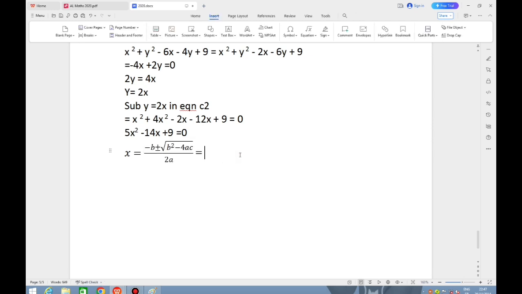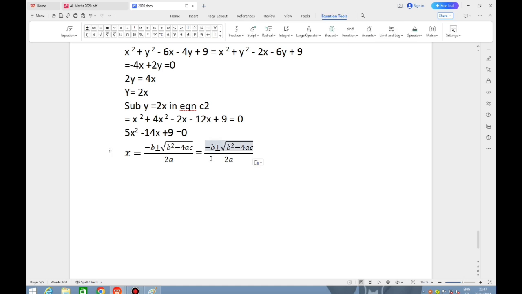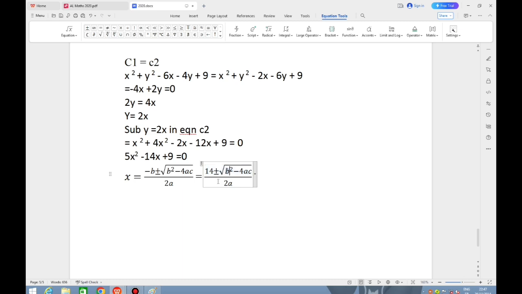Negative b is negative 14, which is 14 positive. Then 14 squared minus 4 times ac. ac is 5 times 9, which is 45. 4 times 45 is 180. Now 2a is 2 times 5, which is 10.